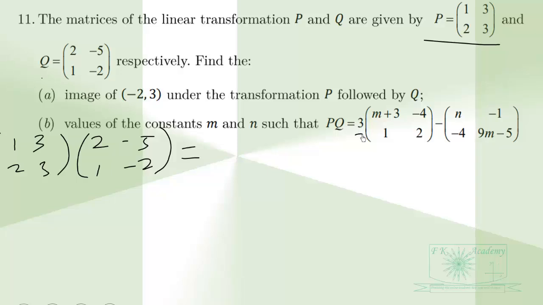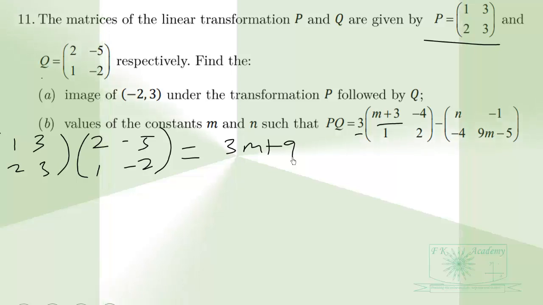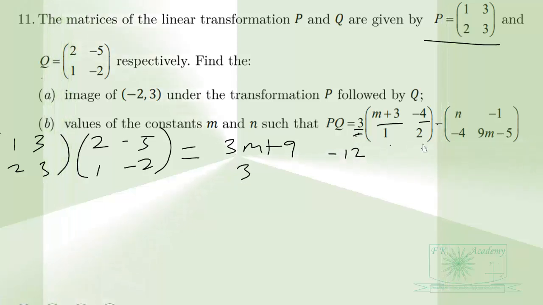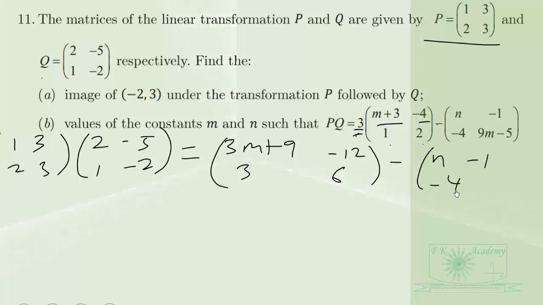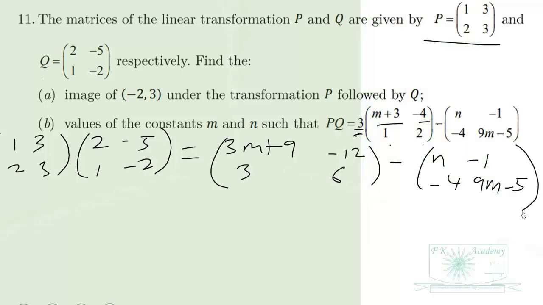So we multiply this by this, we get 3m plus 9. This is a scalar multiplying a matrix: -12, 3 times 1 will give you 3, 3 times 2 will give us 6. Minus, so we have n, -1, -4, 9m minus 5.